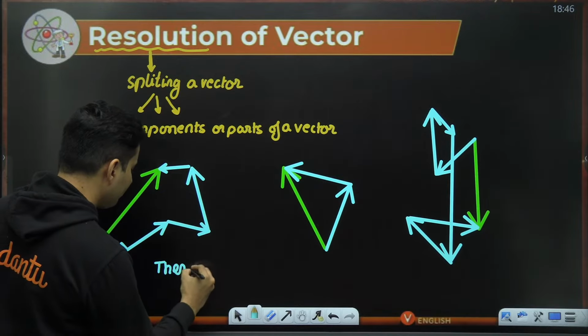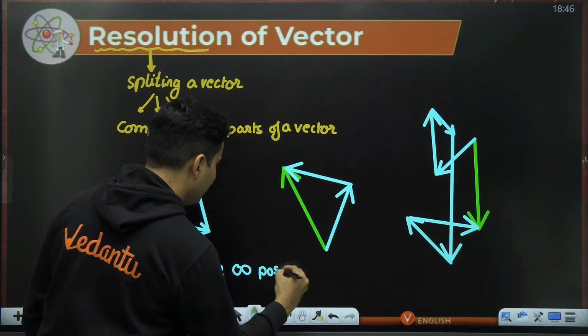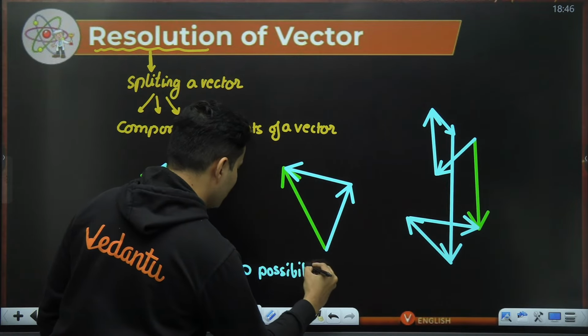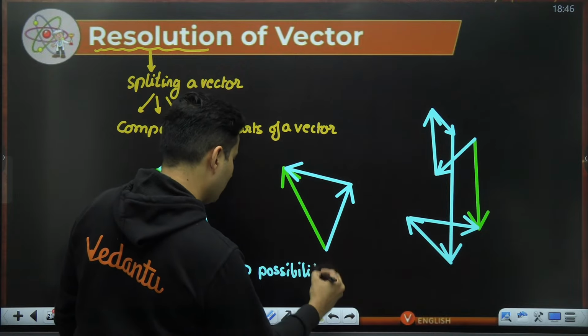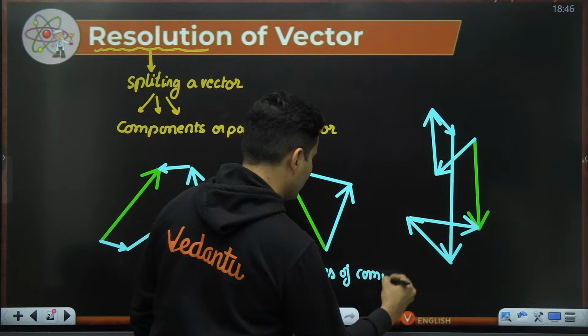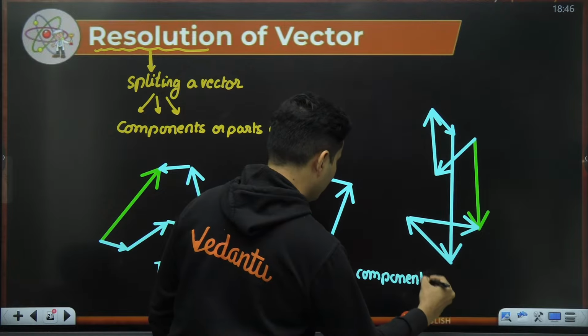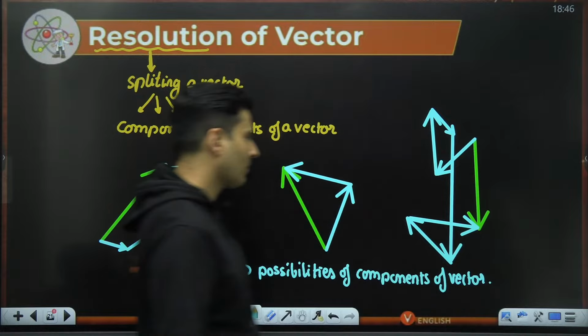There are infinite possibilities of the components of a vector, of the components of any kind of vector, right?